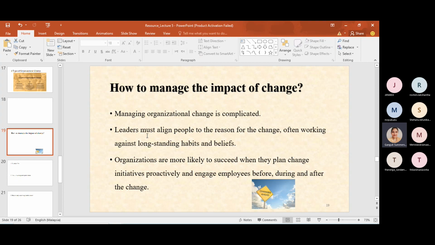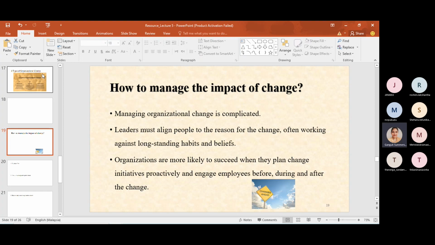The people working in the company are used to certain procedures, certain processes, and something else. So when a change happens, it's a completely new thing for them, and since it is new, the people in the company will find it challenging.